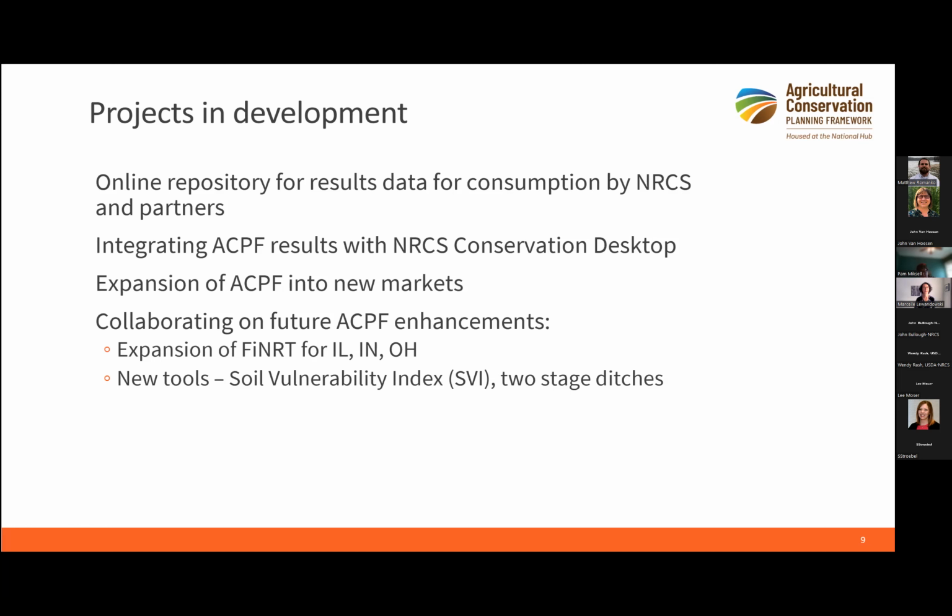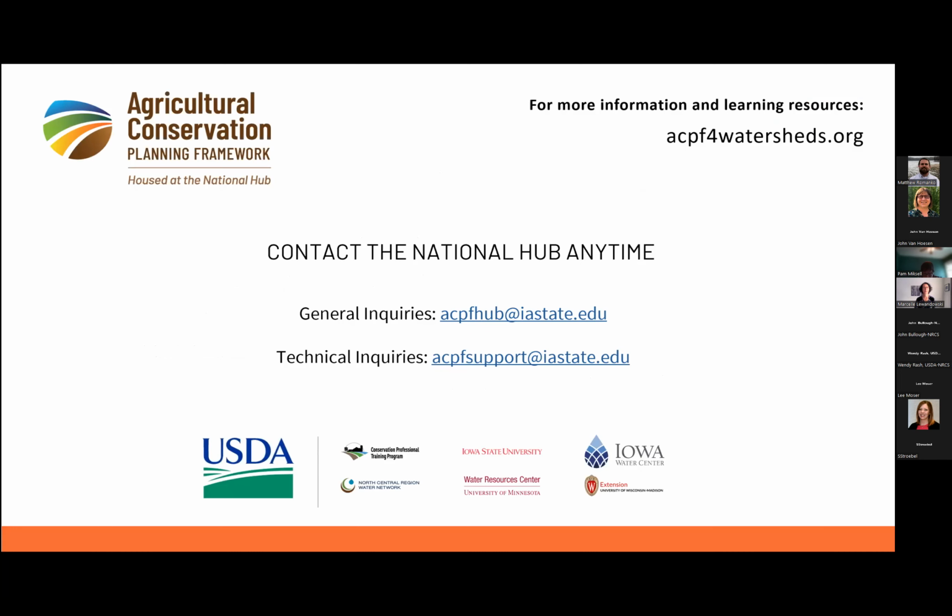And then in an upcoming version of the toolbox, we are going to be adding the NRCS SBI and two-stage ditches as options when you go and run that toolbox. So those are some new things coming on the horizon, and that's really all I have.